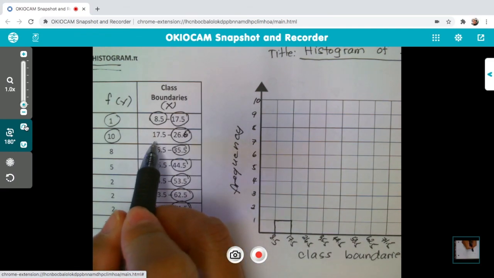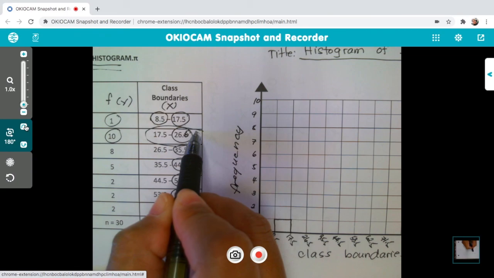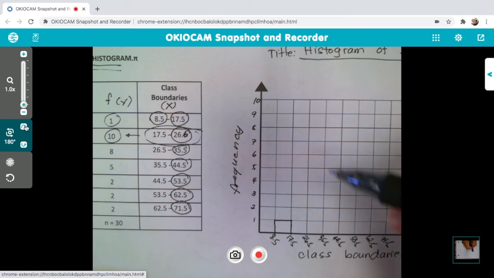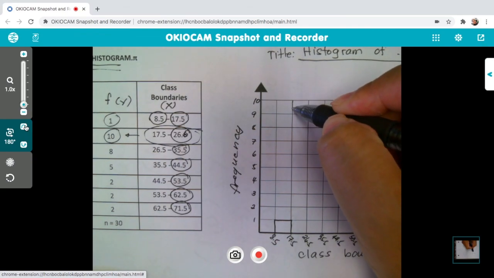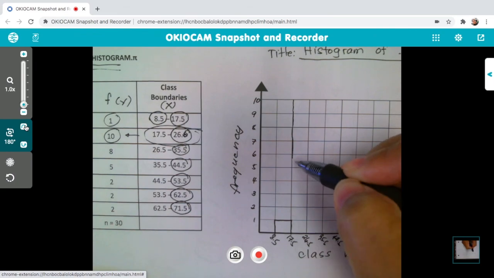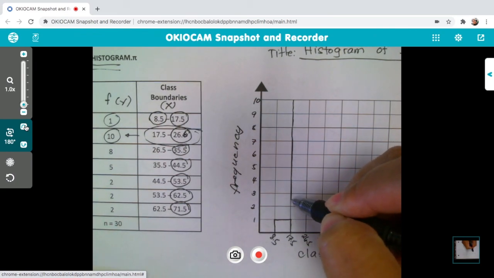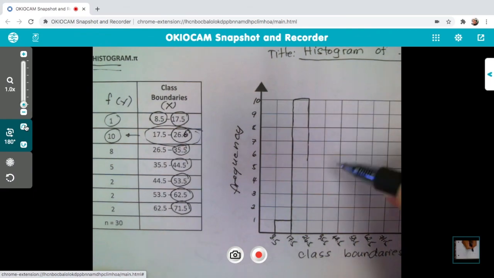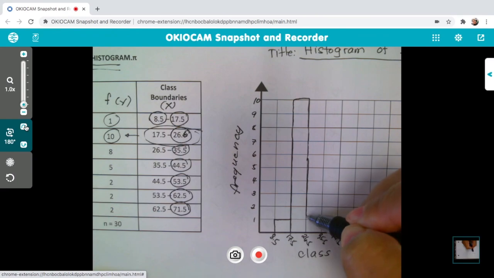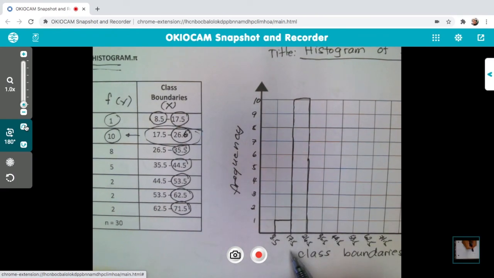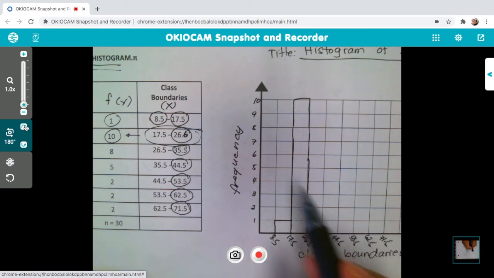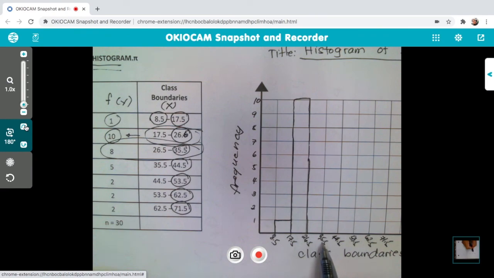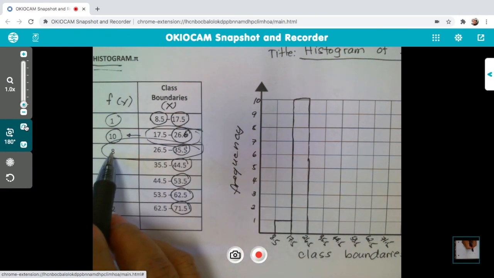Next, how about from 17.5 to 26.5? There are 10. So, please remember that histogram has no space, has no gaps in between bars. So, there are 10 respondents that fall from 17.5 to 26.5. Next, from 26.5 to 35.5, there are 8.